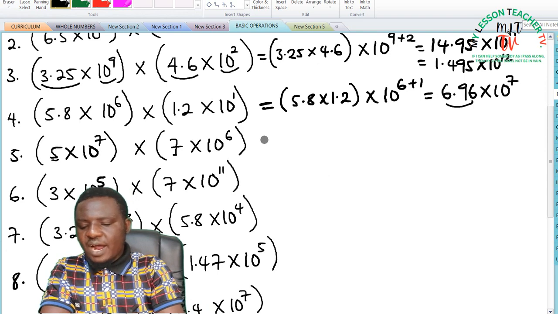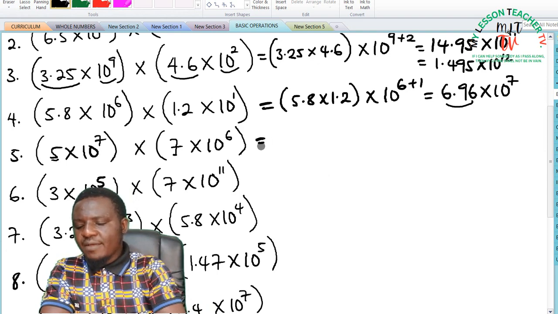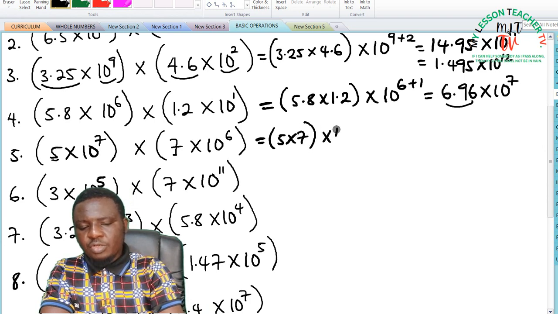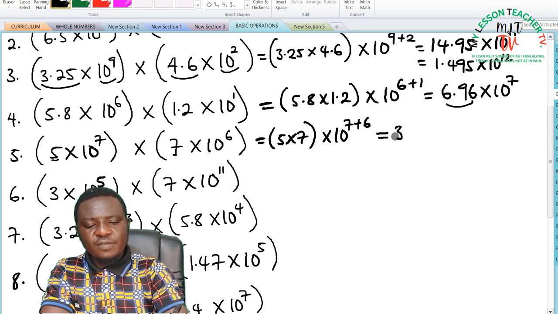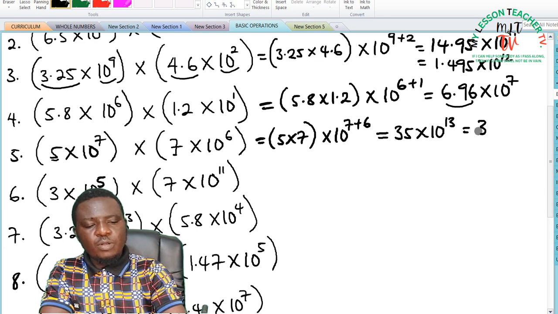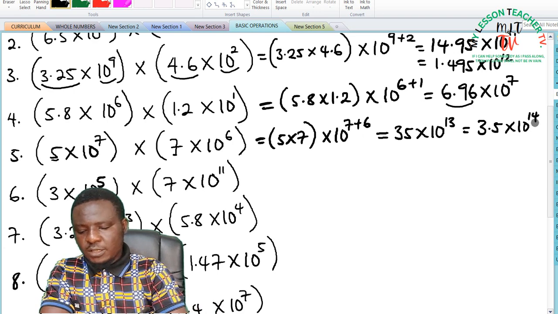So question 5, we have to multiply 5 times 7 times 10 raised to the power of 7 plus 6. This is equal to 5 times 7 is 35 times 10 raised to the power of 13. So this is equal to 3.5 times 10 raised to the power of 14.